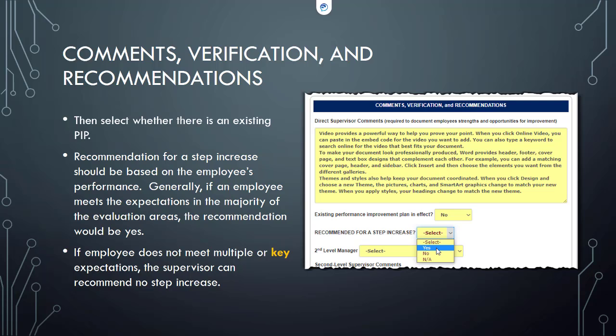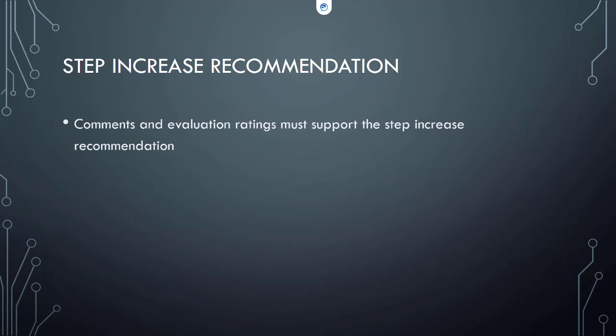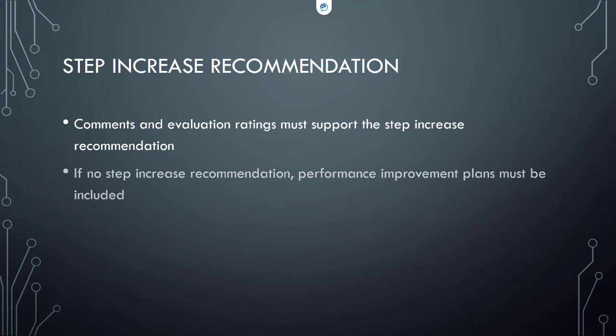Keep in mind that if you recommend no step increase, the comments must support this. If you recommend a step increase, then your comments must support this rating. If no step increase is recommended, then the faculty member must be placed on a performance improvement plan.